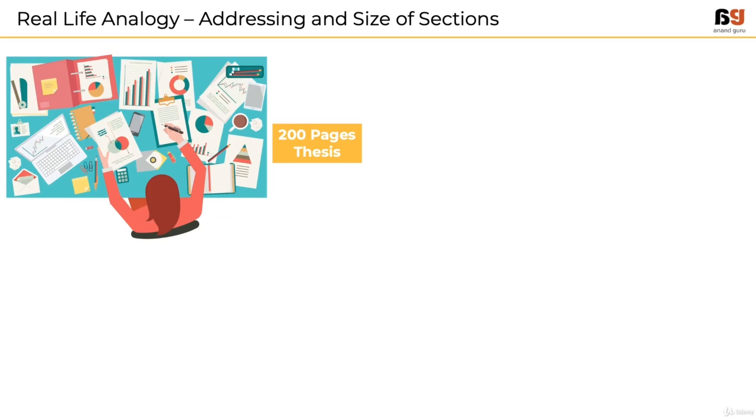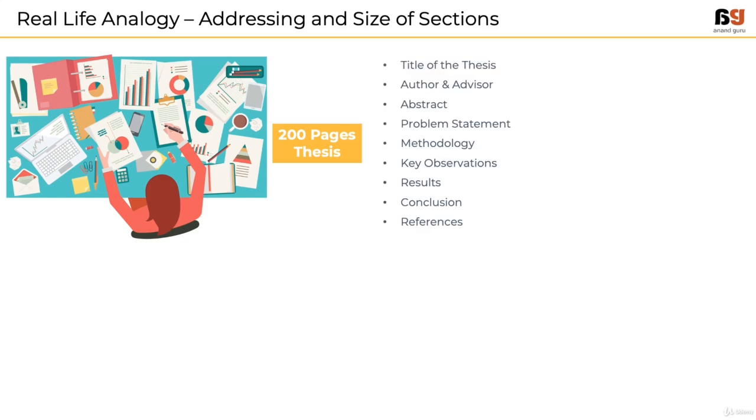Consider a class of students who are asked to submit an academic thesis on a topic. Each student should pick his or her topic of interest and should research and write a 200-page thesis. In order to help students with how their thesis has to be structured, the faculty comes up with a format with sections like title of the thesis, author and advisor, abstract of the thesis, and so on.